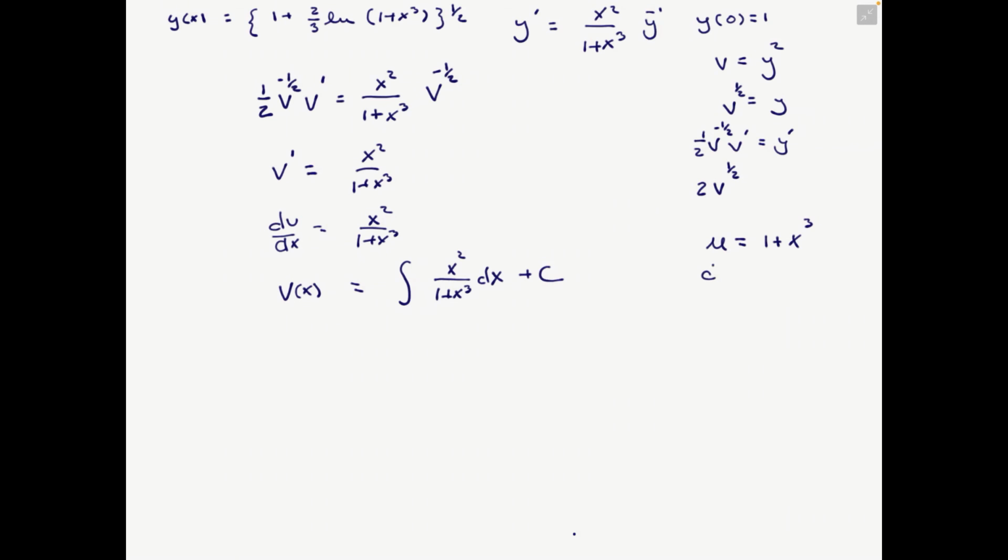So du equals 3x squared dx, and du on 3 equals x squared dx. And we forgot our 2. We multiplied by 2, so this is 2/3.